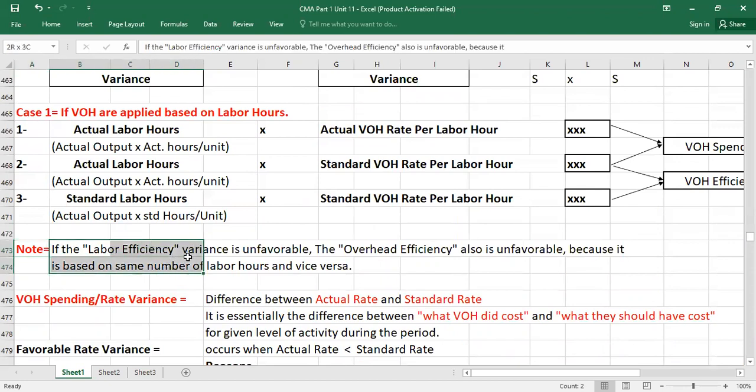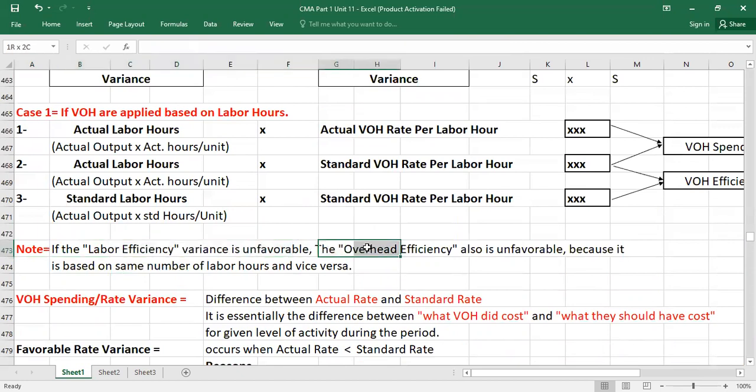If the labor efficiency variance is unfavorable, the variable overhead efficiency variance should also be unfavorable, because it is based on the same number of labor hours, and vice versa. Of course, if the labor efficiency variance is favorable, your variable overhead efficiency variance should also be favorable. This is a really important note.